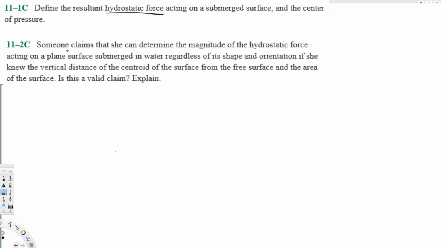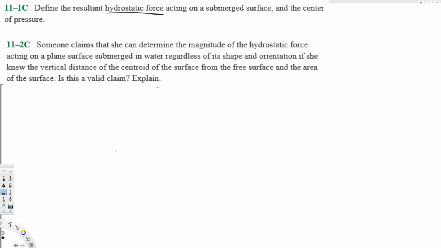And the second question is asking, someone claims that she can determine the magnitude of the hydrostatic force acting on a plane surface submerged in water regardless of its shape and orientation. If she knew the vertical distance of the centroid of the surface from the free surface and the area of the surface, is this a valid claim? Explain.